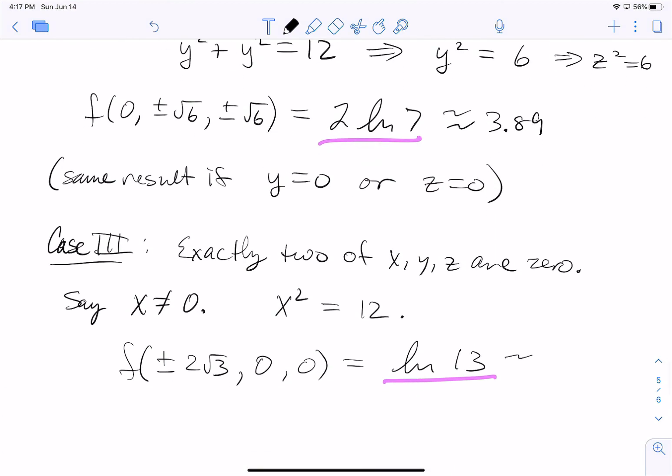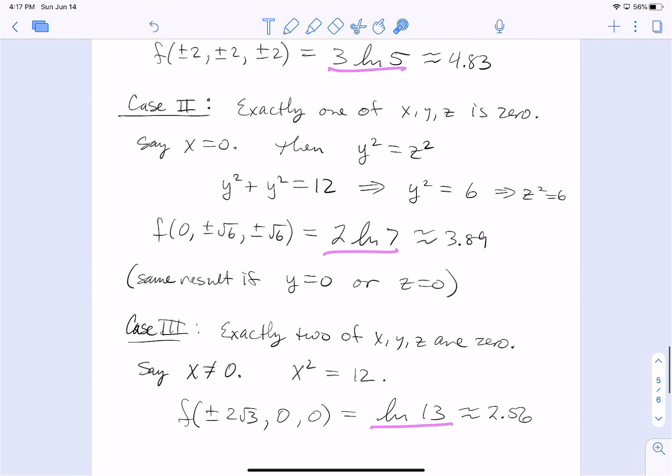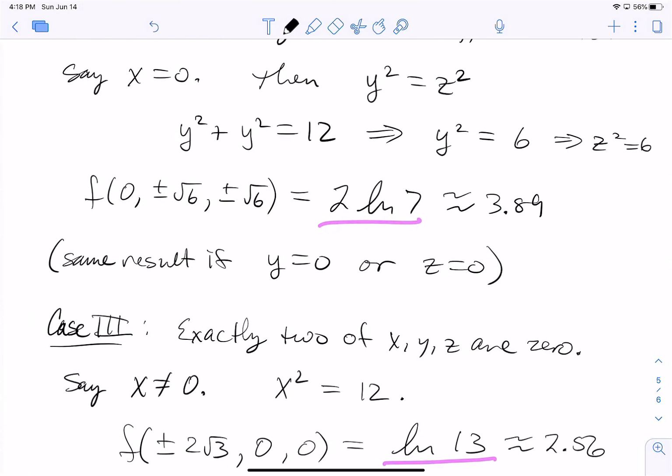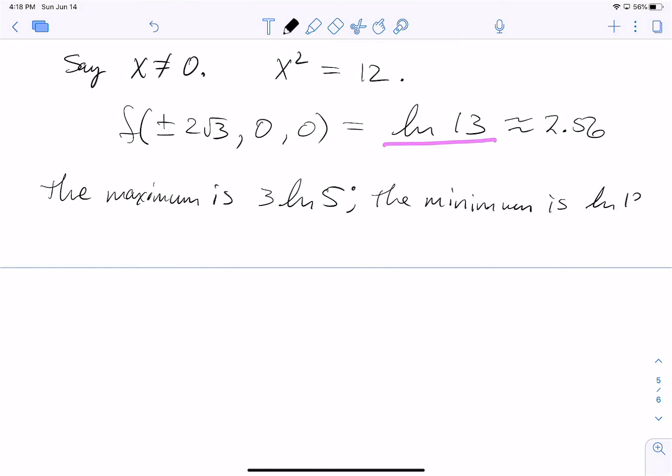And natural log of 13 is approximately 2.56. Of these numbers, the one that's approximately 4.83 is clearly the largest, and the one that's approximately 2.56 is the smallest. Therefore, we can say that the maximum is 3 times the natural log of 5. The minimum is the natural log of 13.